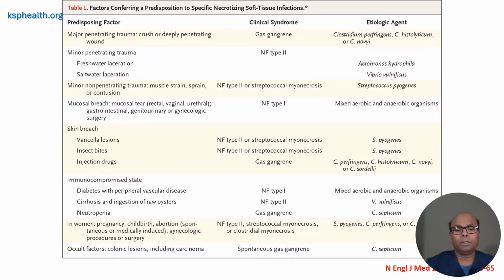In cirrhosis, ingestion of raw oysters is associated with Vibrio vulnificus, and neutropenic patients often have infection with Clostridium septicum. In women, the most common are strep pyogenes, Clostridium perfringens, and Clostridium sordellii. And occult sources like colonic lesions, including carcinoma, tend to give infection from Clostridium septicum.